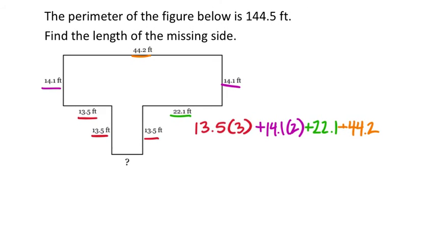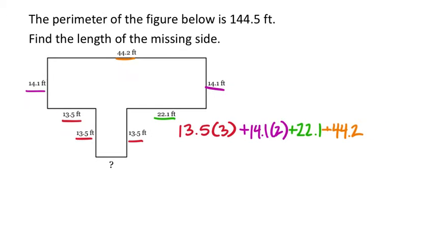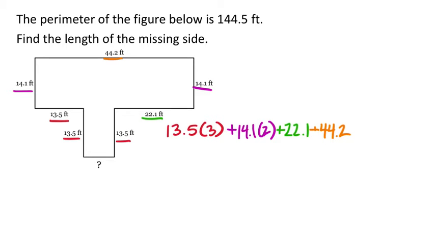So that's not actually the full equation, as it turns out. What we need now is also to add the question mark, okay, because that represents the missing side length. So this would be adding all, what is that, 1, 2, 3, 4, 5, 6, 7, 8 side lengths together. But this would equal the perimeter, which they gave us up here at the top, 144.5 feet.